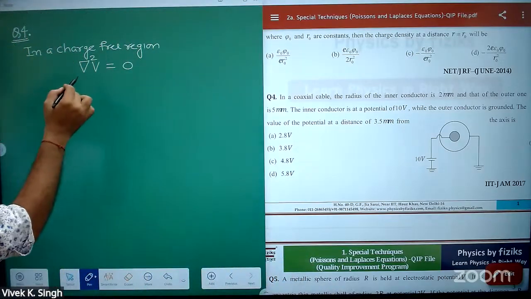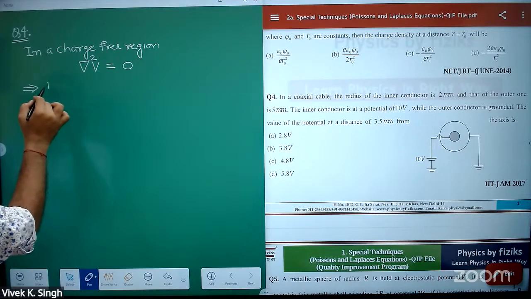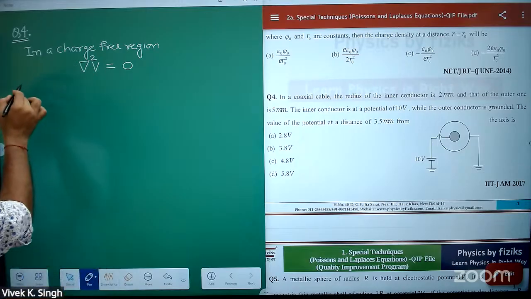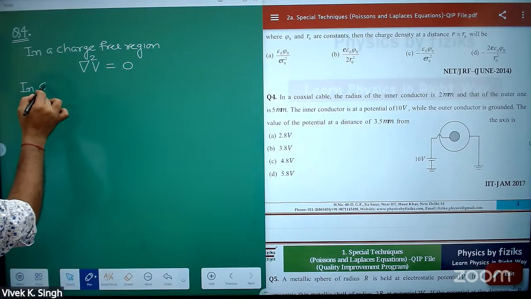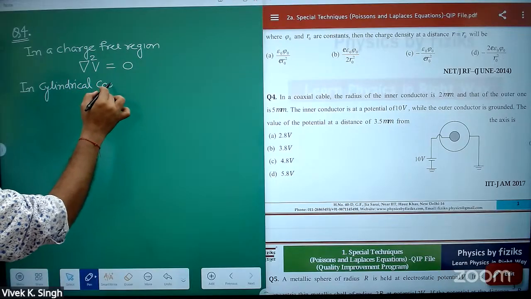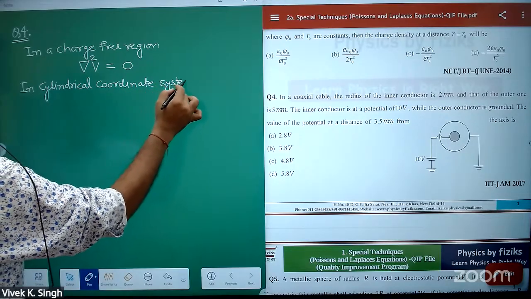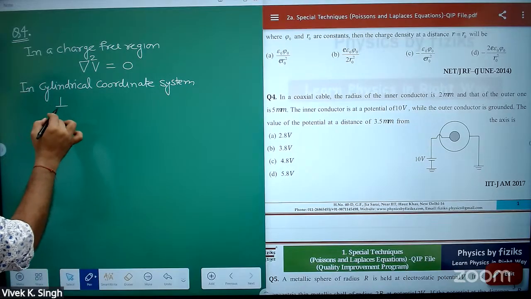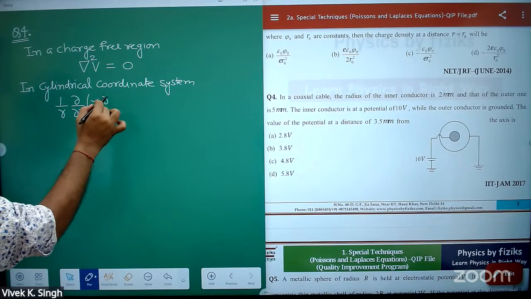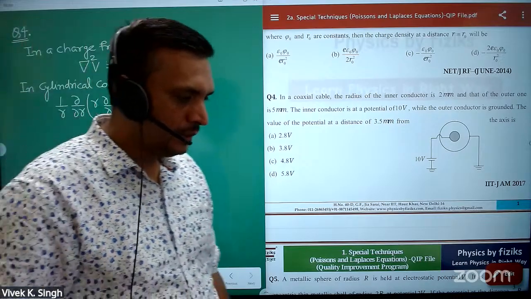Now how to write this in cylindrical coordinate system? This is 1 by R del by del R of R del V by del R is 0. So this is del square V in cylindrical coordinate system.